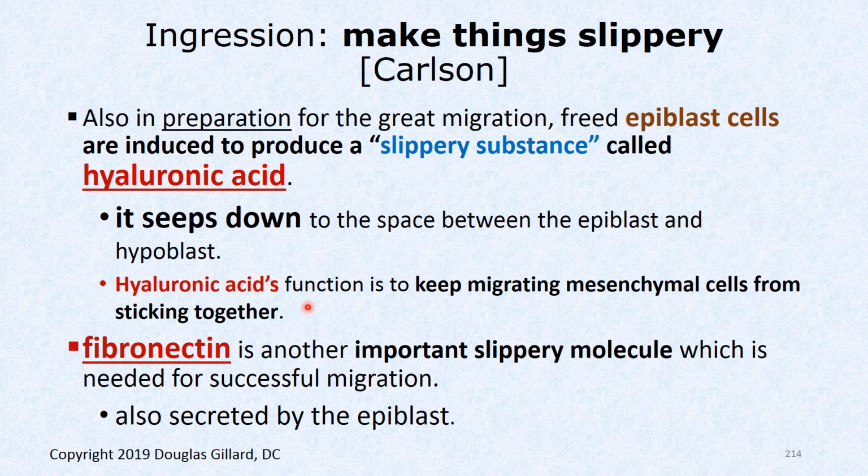We don't want them sticking together again when they get inside the bilaminar disc. They tend to stick together, so they secrete hyaluronic acid, which also keeps them slippery and helps them slide down there. So two slippery substances, hyaluronic acid and fibronectin, are secreted.